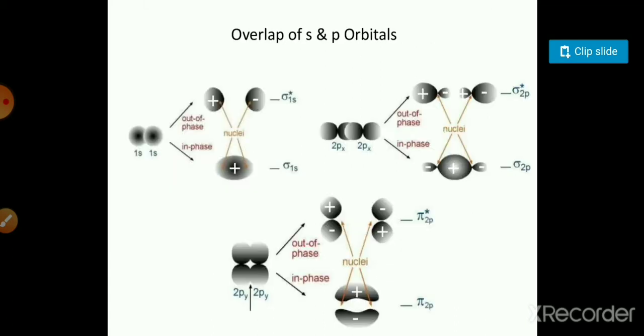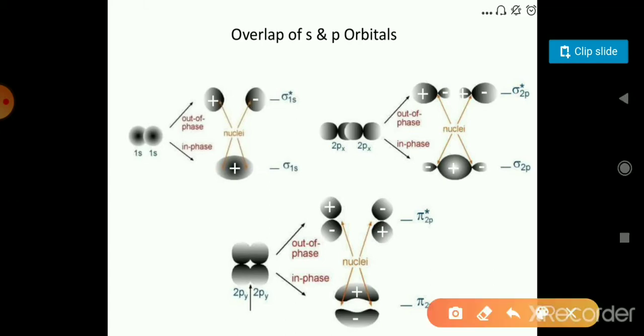Now you can see the overlap of the s and p orbitals here. In the first example, you can see the two s orbitals, out of phase or in phase. You can see the plus sign for sigma 1s for the bonding, and you can see the plus and minus signs for the sigma 1s star. Okay.